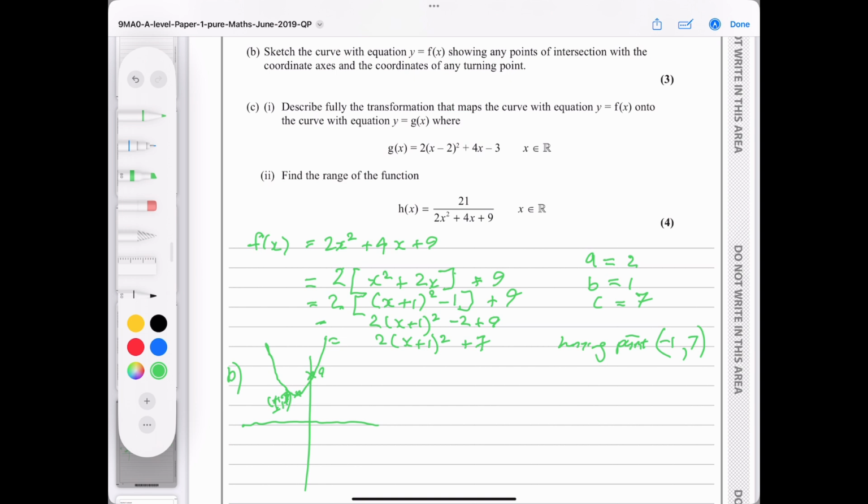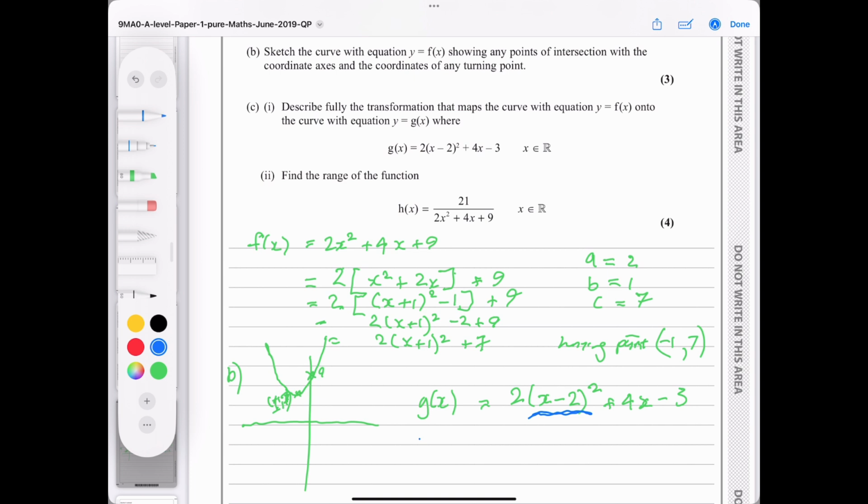Describe fully the transformation that maps the curve with the equation f(x) onto g(x), where g(x) is this. So g(x) equals 2(x minus 2) squared plus 4x minus 3. Okay, we are going to put this bit here into wherever x is in the f function.